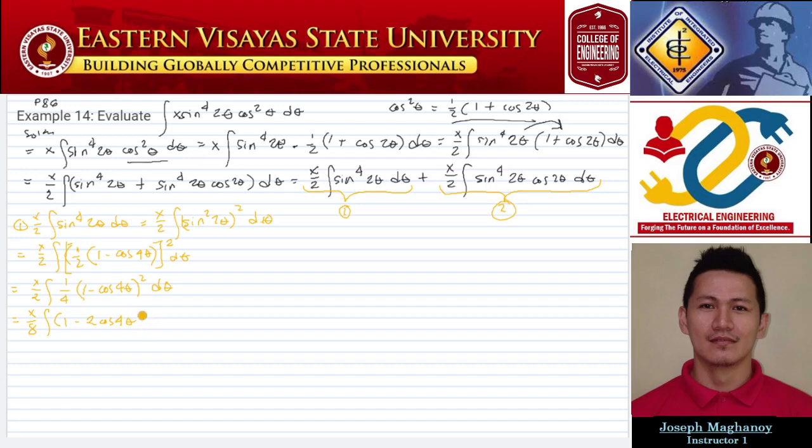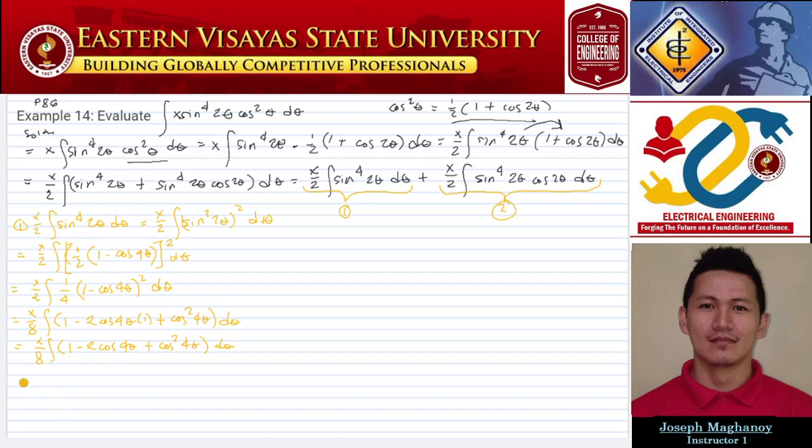Then is squared. And your 1 plus your cosine squared 4 theta. And of course, don't forget your d theta. Simplify: x over 8 integral of 1 minus 2 cosine 4 theta here plus cosine squared 4 theta.